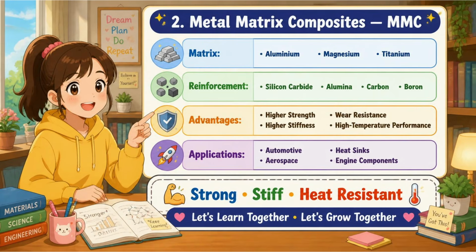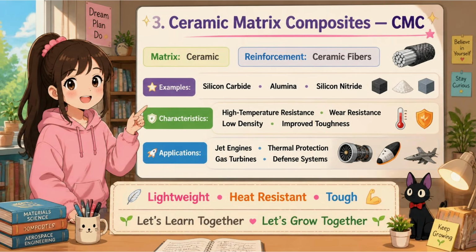The third category we are going to see is CMC, ceramic matrix composites. Here the matrix is a ceramic material and the reinforcement is generally a ceramic fiber. The common matrix includes silicon carbide, alumina, and silicon nitride. The common reinforcement includes silicon carbide fibers and carbon fibers.